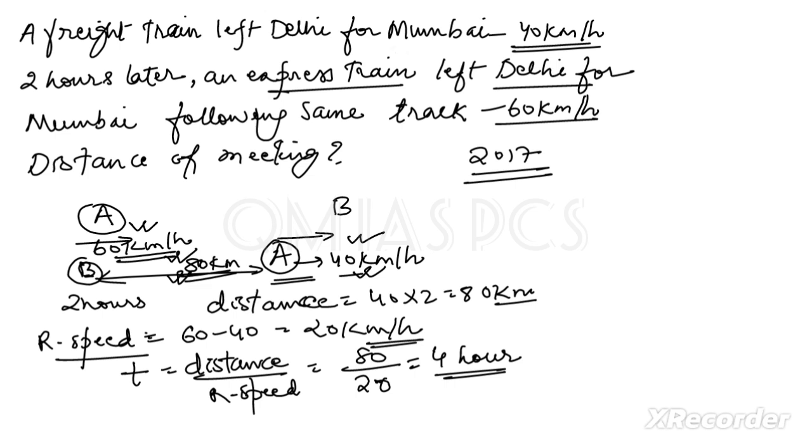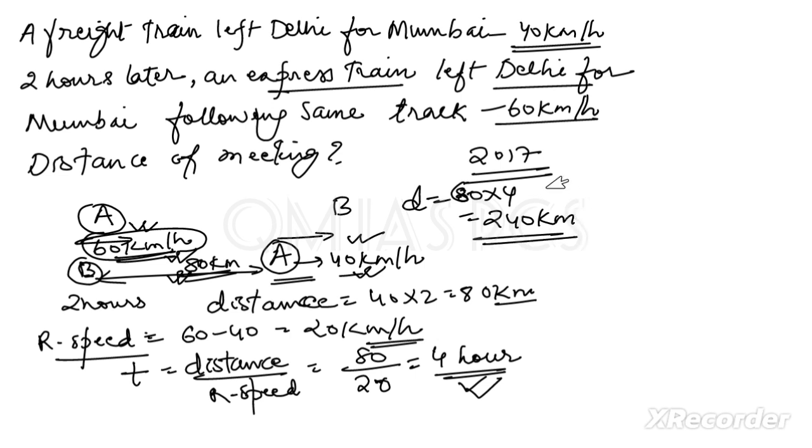So you multiply the speed of the express train by this time. Distance will be 60 multiplied by 4, which is 240 kilometers. So if you consider from the starting point, the distance will be 240 kilometers. After 240 kilometers, the express train will meet the freight train.